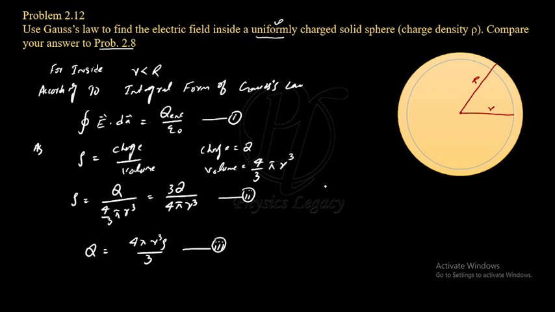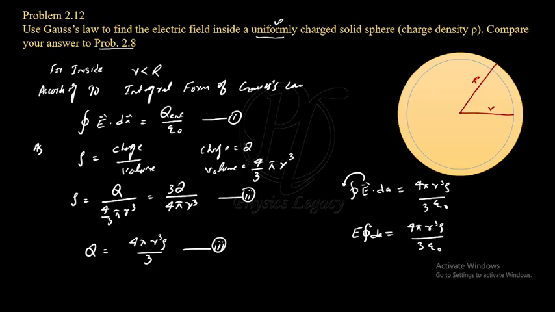By putting equation number 3 into equation number 1, we have closed integral E dot dA is equal to 4 pi r cube rho over 3 epsilon naught. Now as charges are uniformly distributed, E will be uniform. So we can take E out of the integral, then we have E closed integral dA is equal to 4 pi r cube rho over 3 epsilon naught.